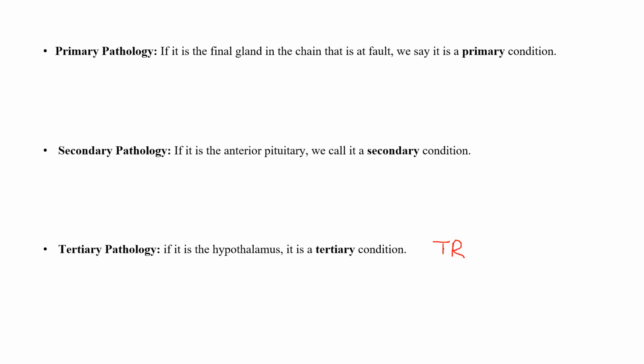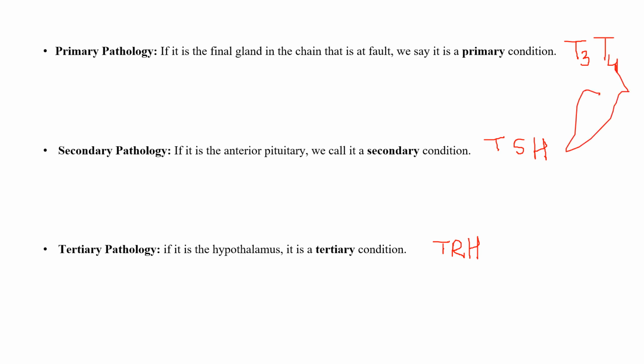So TRH is being made by the hypothalamus, and then TSH is being made by the pituitary gland, right? And then thyroid hormones T3 and T4, they are being made by the thyroid gland. I'm only writing T3, there is also T4.